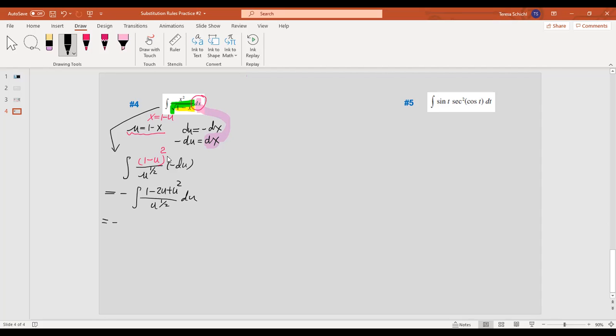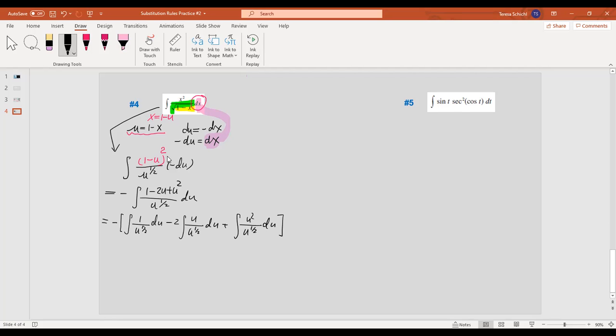Then in here, you can say this integration I can really separate into three. This is 1 over u to the 1/2, minus 2u over u to the 1/2 du, then plus u squared over u to the 1/2 du, right?